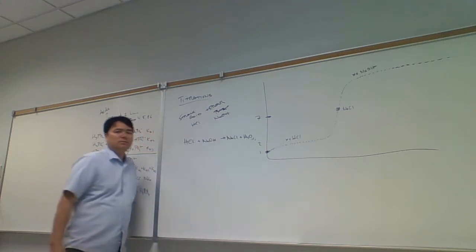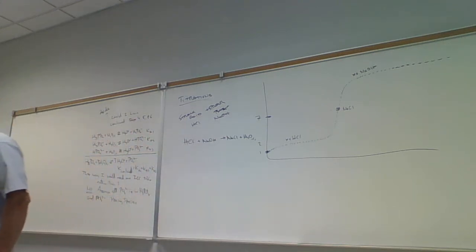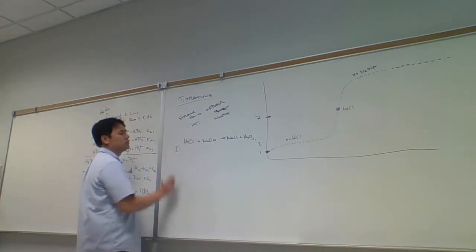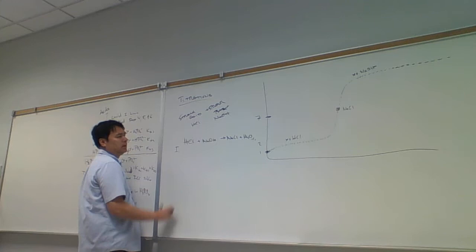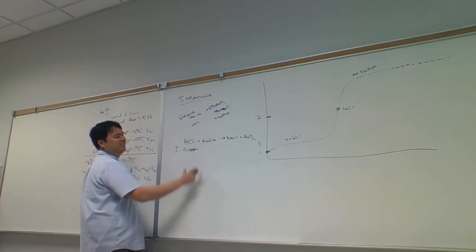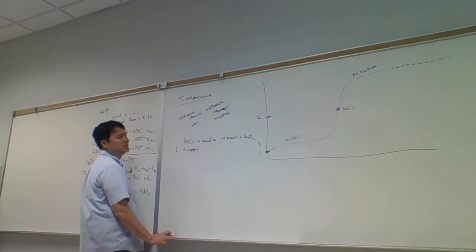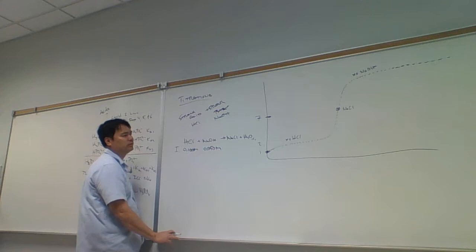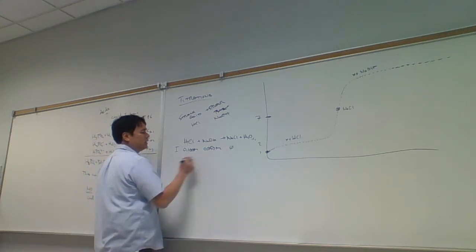The only difference is that we do this in terms of chapter 17, so we would do this with an ICE table rather than a Chem 1A stoichiometry problem. If we start off with 0.100 molar HCl, and let's say we didn't neutralize it, we only added 0.050 molar, then it's not all going to be neutralized.